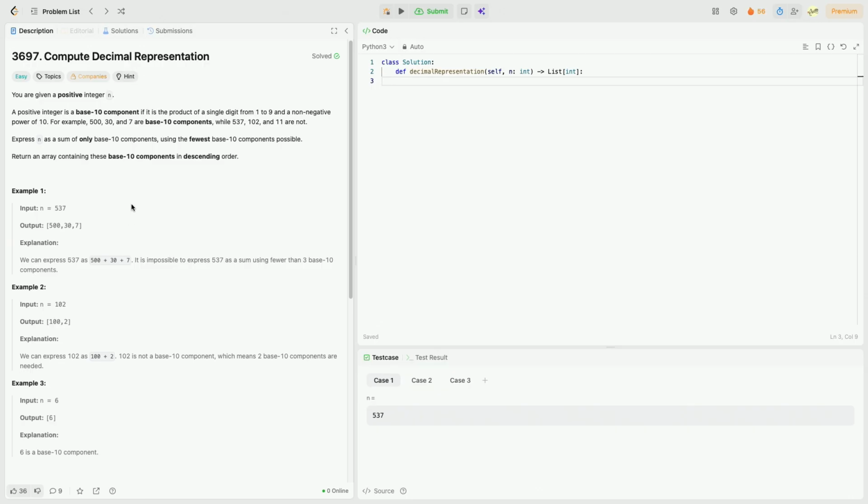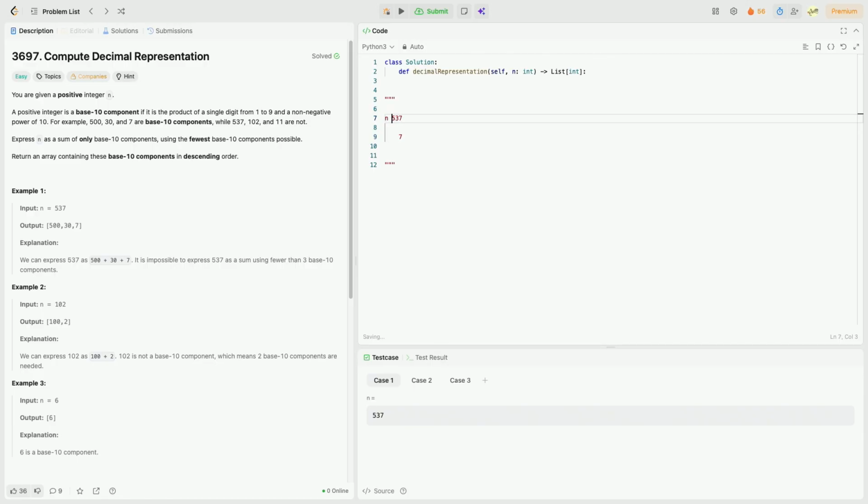Okay, so in terms of approach, I think what we can do is iterate over the digits, right? Let me think about this. So if we iterate over the digits of n, we could start with something like this. Let's say comment code in here. If we start with 537, we could easily extract the last number.